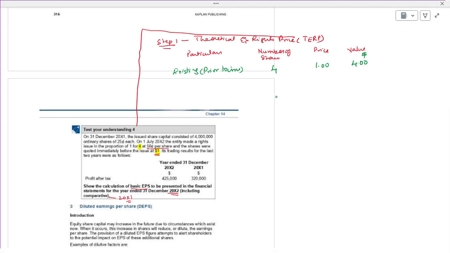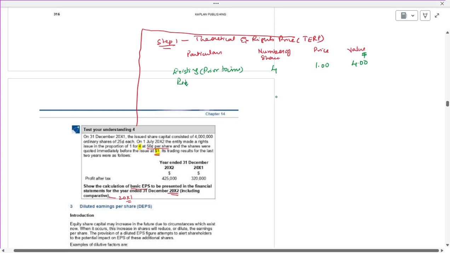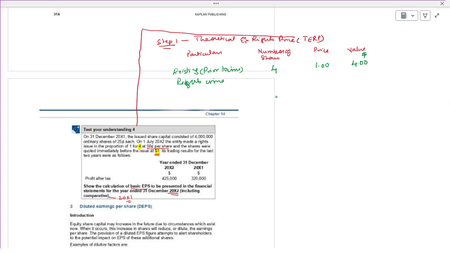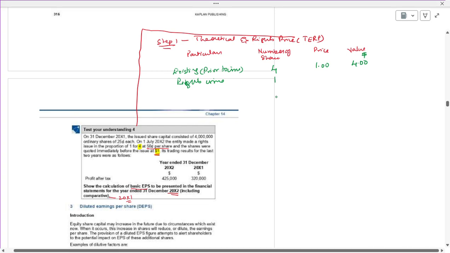Now, what is the rights issue? They are issuing 1 share. What is the issue price of 1 share?